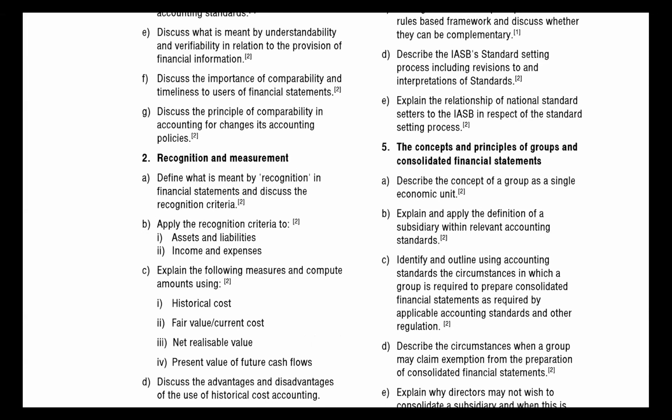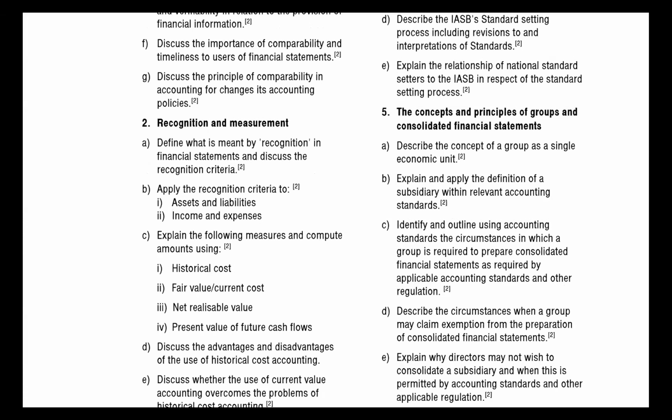We will have time to cover the recognition and measurement aspect. We will begin by defining what is meant by recognition and discuss the recognition criteria. We'll apply these criteria, especially when it comes to assets and liabilities, and income and expenses as well.